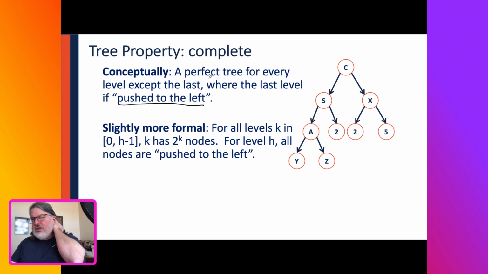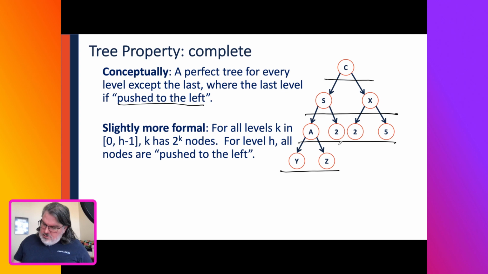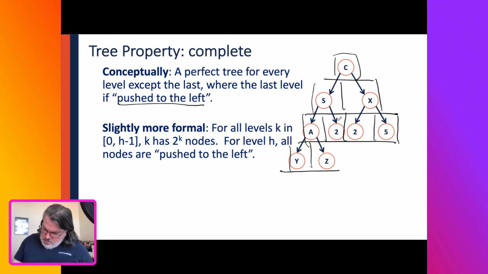I'll give you a preview. Imagine if you were going to try to store this tree in an array. Well, if I think of it as pushed to the left, it would be kind of a contiguous array.